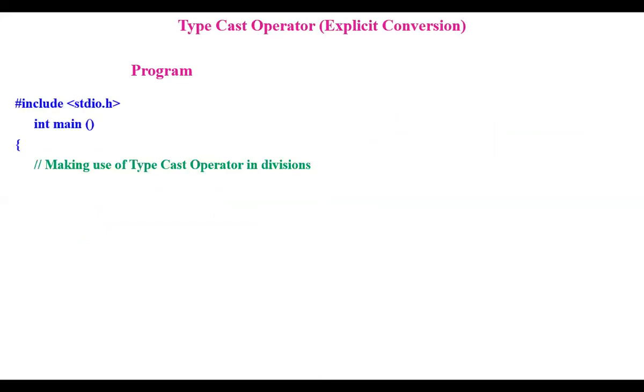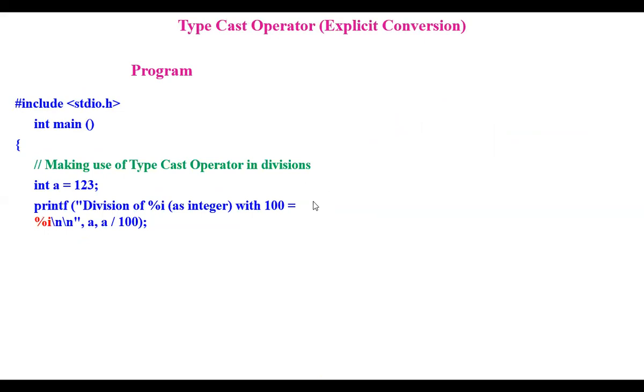Next. Explicit conversion. Let us see some example. I want to do some division operation, making use of this typecast operator. I have taken an integer a, 123, and I want a to be displayed as it is, as integer. No problem. And I want to do a division, a by 100.